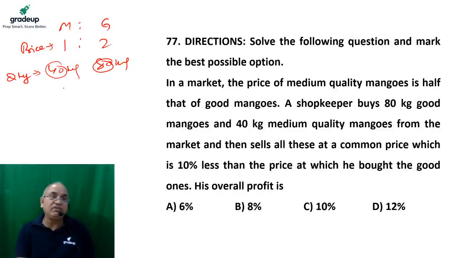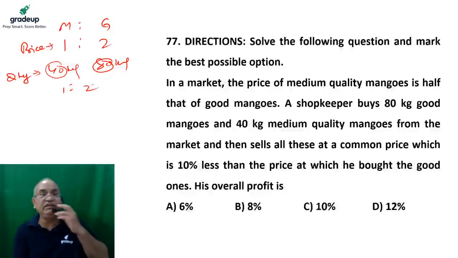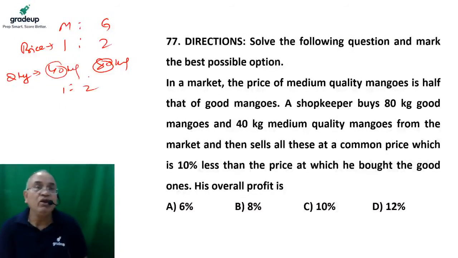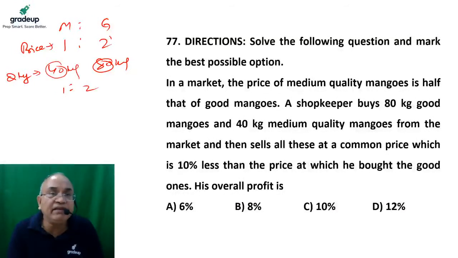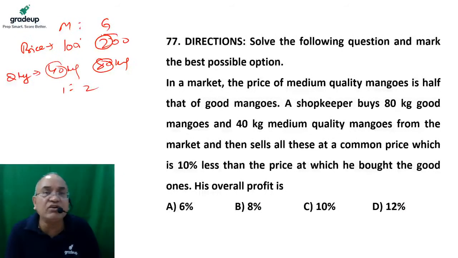The quantity he has purchased is in the ratio of 1:2. Okay. If 2 rupees is the cost price, or 2 rupees or 200, you can say, and I will take 100. If 200 is the cost price of good quality per kg, then 2 kg he has purchased for rupees 400.